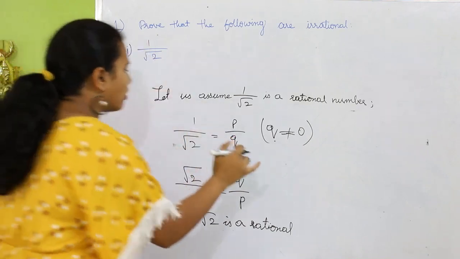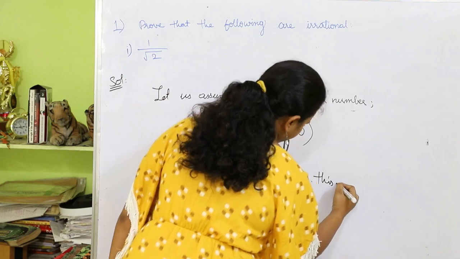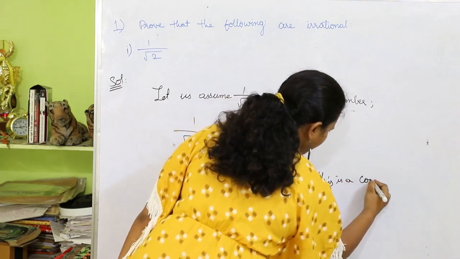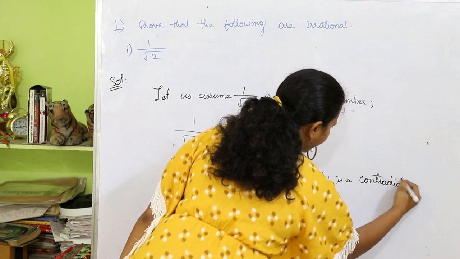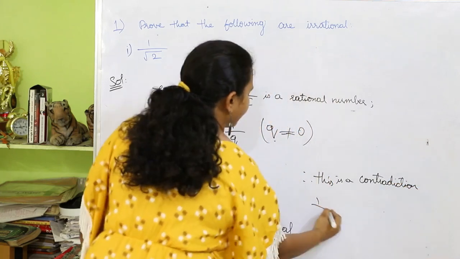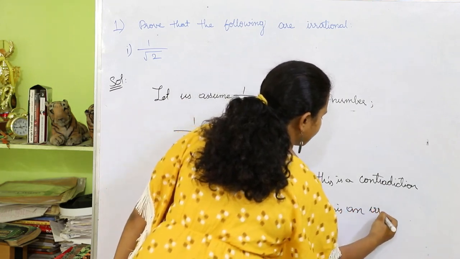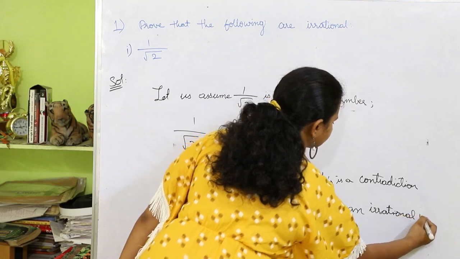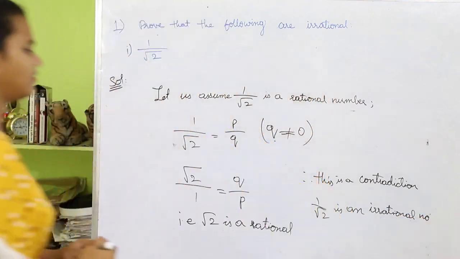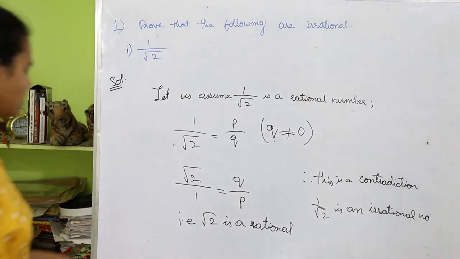This contradicts our assumption, so 1 by root 2 is an irrational number. Clear guys? Hope you got it.